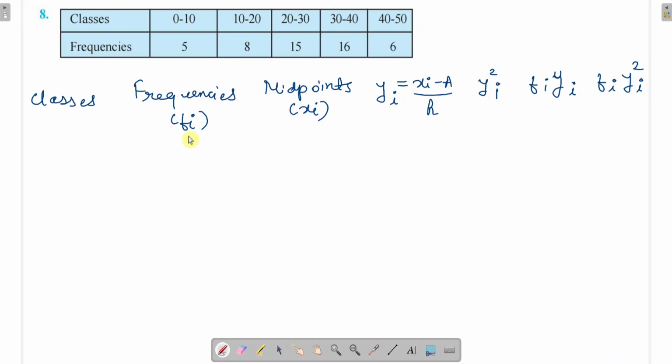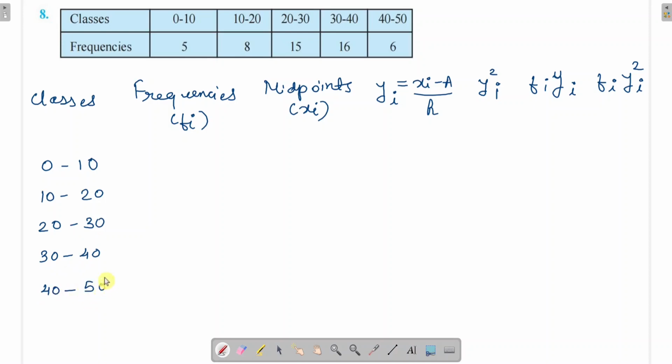Okay, so let us fill the classes column. So that will be 0 to 10, then 10 to 20, 20 to 30, 30 to 40, 40 to 50.